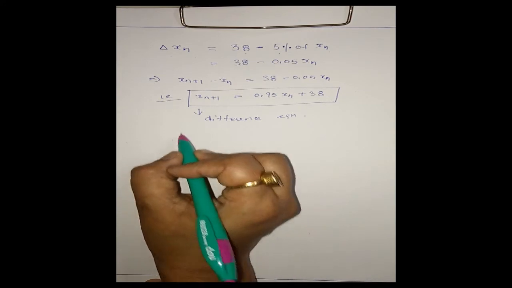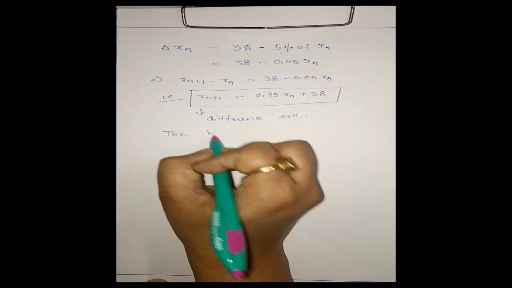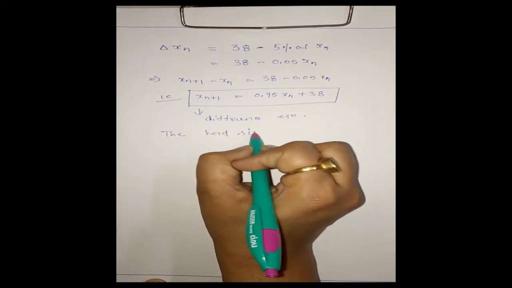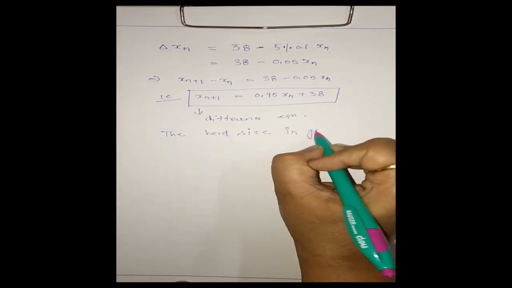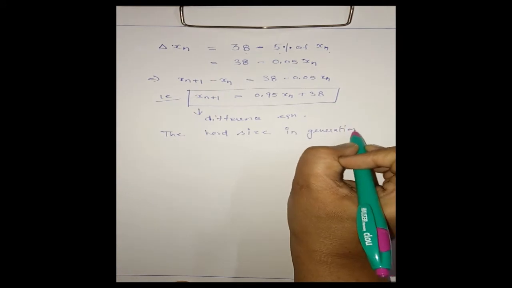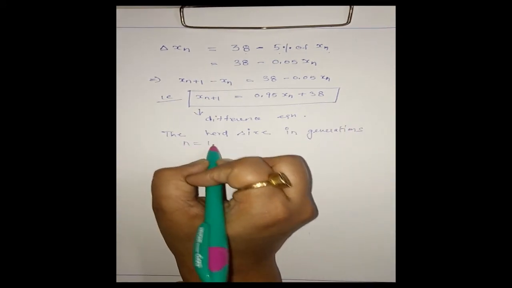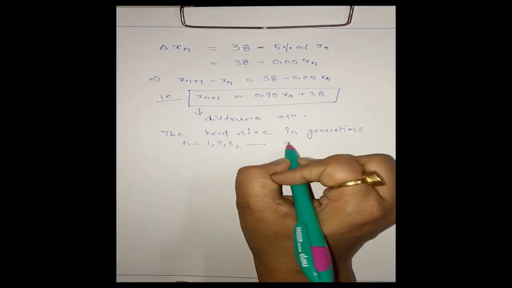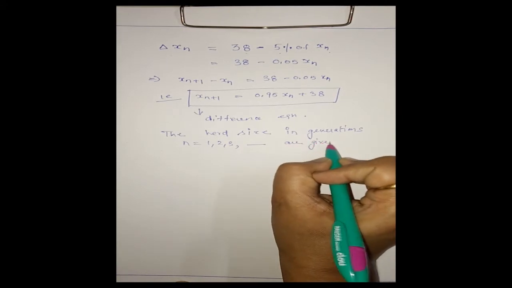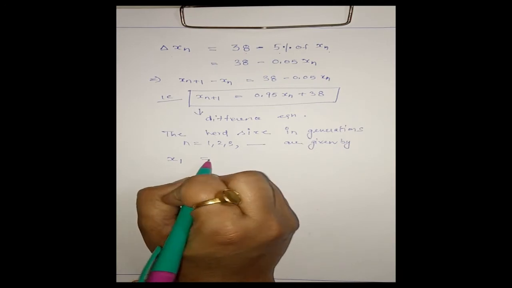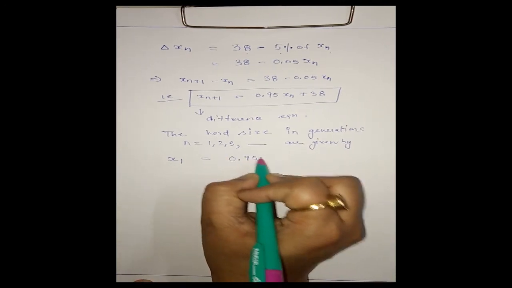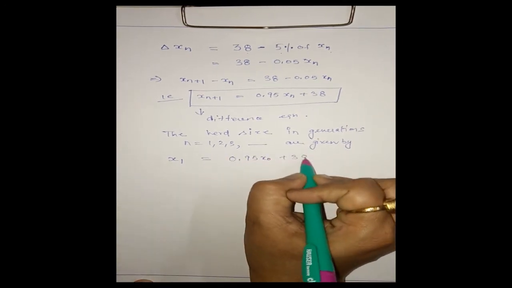Okay. Now, the herd size in generations n is equal to 1, 2, 3 are given by x1 is 0.95 into x0 plus 38.